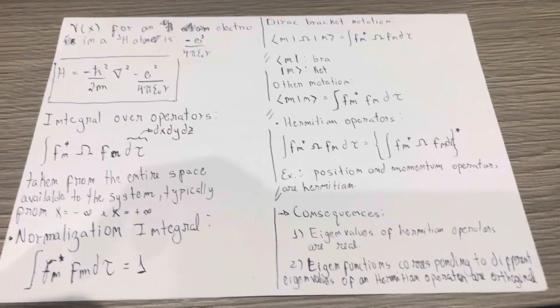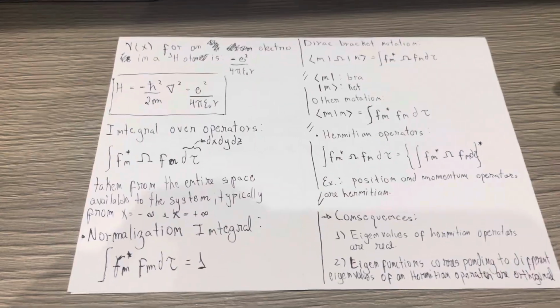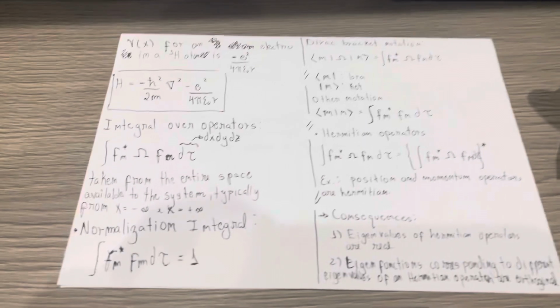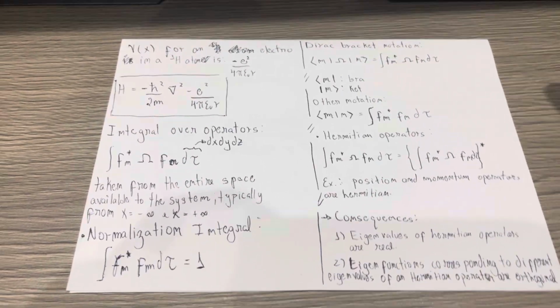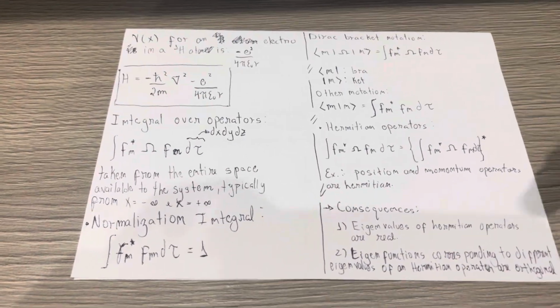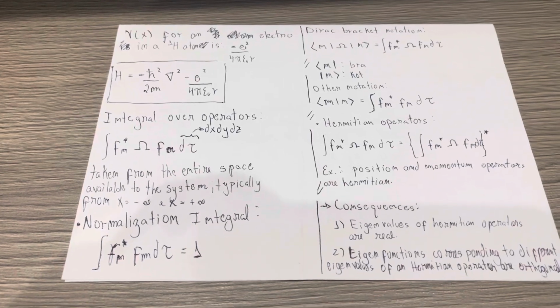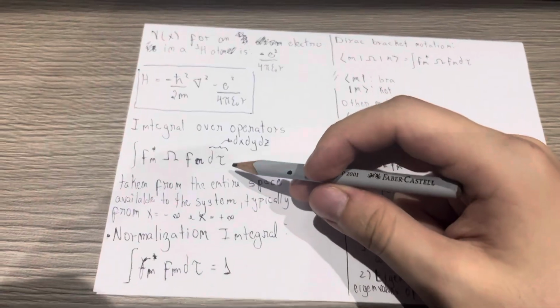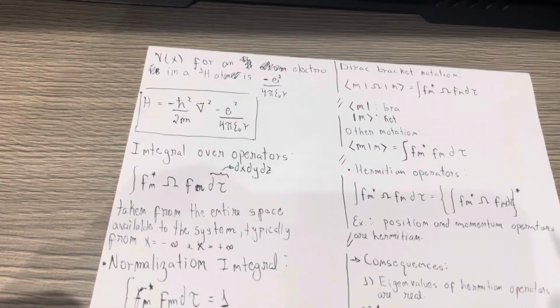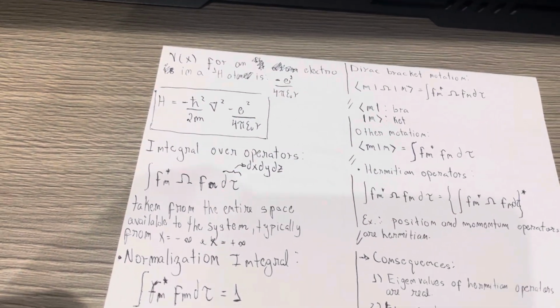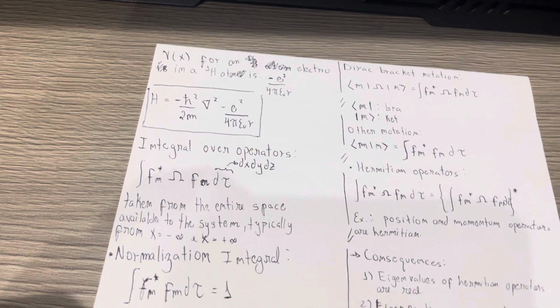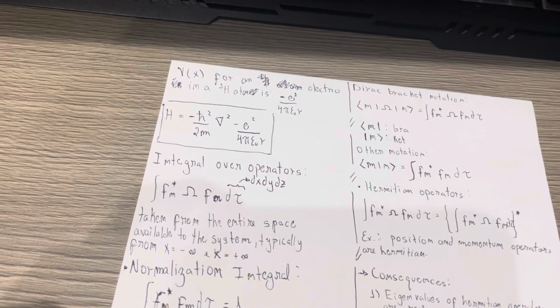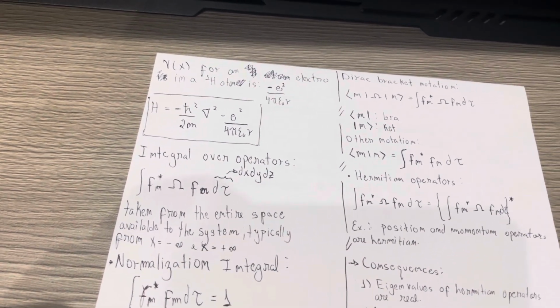So we came to integrals over operators, which I didn't know anything about, so I had to learn, and it was very hard, I think. But okay, this one here is where we are integrating over the entire space available to the system, x, y, and z in the 3 dimensions.